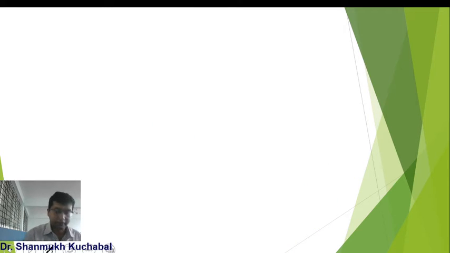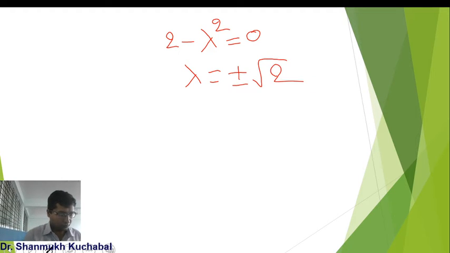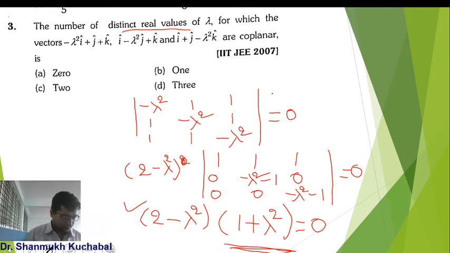So 2 minus lambda squared equals 0, and the simplification for lambda is plus or minus the square root of 2. Therefore we get 2 solutions. Option C is the right answer. Like this we have to simplify. Yes, you can take a screenshot.